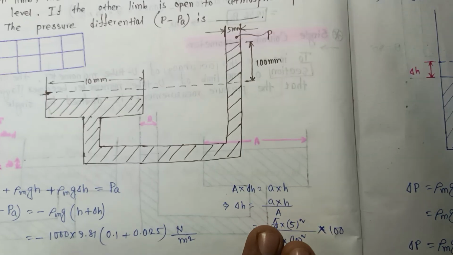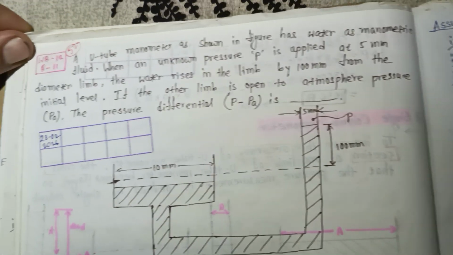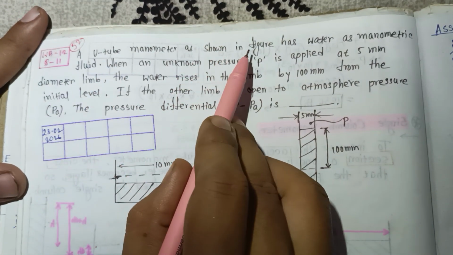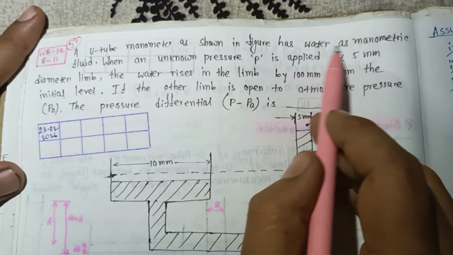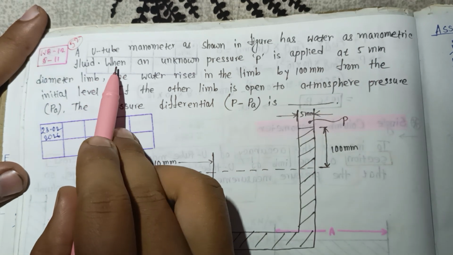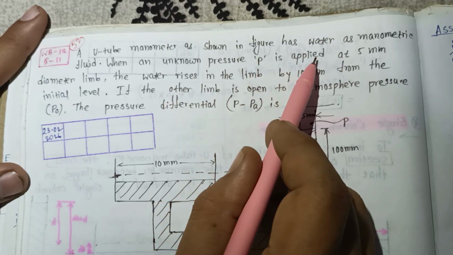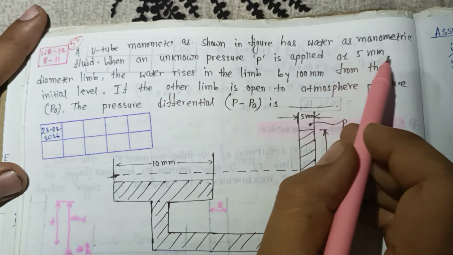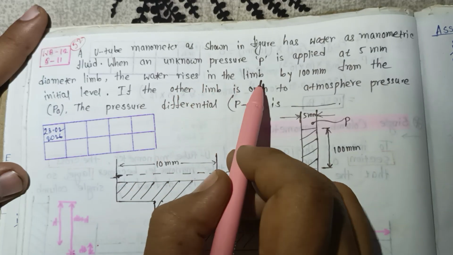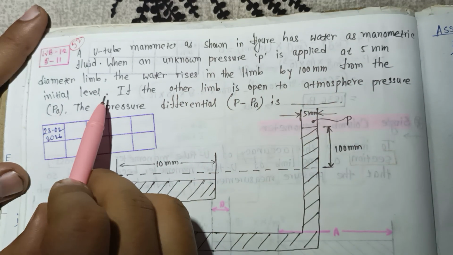Let's try to understand another question. So here, this U-tube manometer, as shown in the figure, has water as manometric fluid. When an unknown pressure P is applied at the 5 mm diameter limb, the water rises in the limb by 100 mm from the initial level.